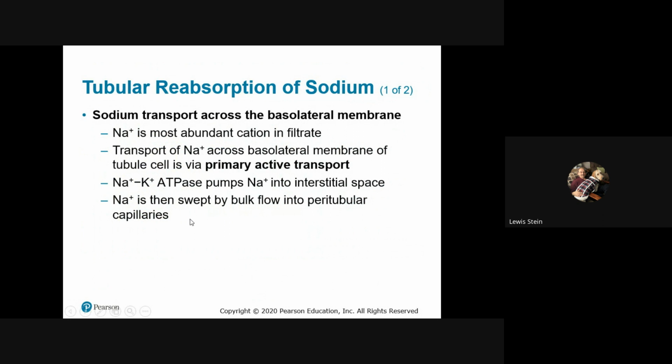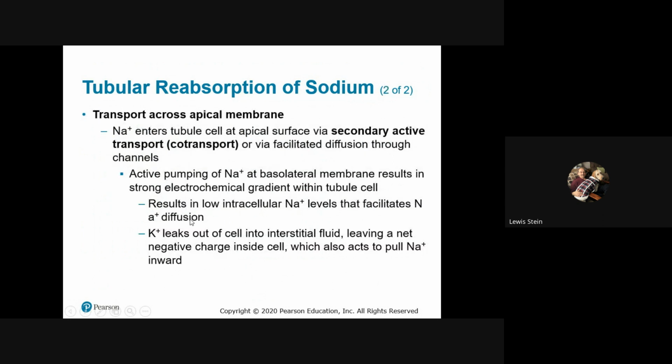What's interesting about that is we then have secondary routes. When sodium moves in, it really creates a secondary active co-transport or symport. And glucose is the big player in this, by the way. So active pumping at the membrane results in the gradient, which facilitates sodium diffusion.